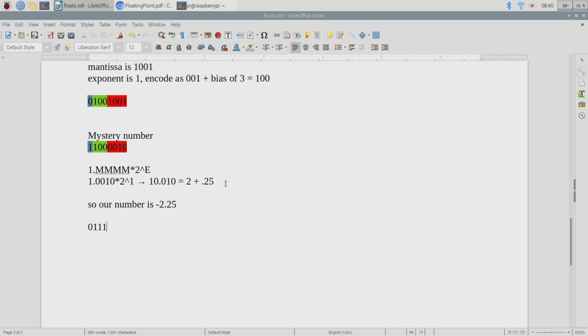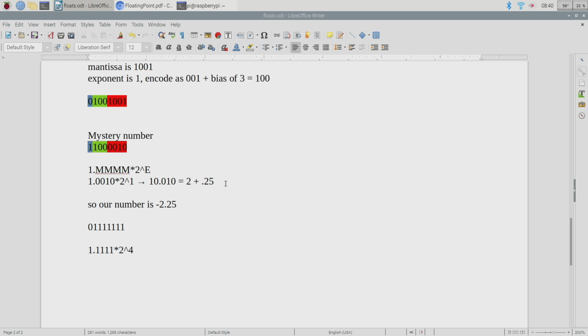If I wanted to get the most number for my buck, I'd also make my mantissa all ones, probably, right? All right, so what does this number decode as? Well, it's 1 point this times 2 to the third, or fourth, excuse me. Okay, 1 point mantissa times 2 to the exponent.